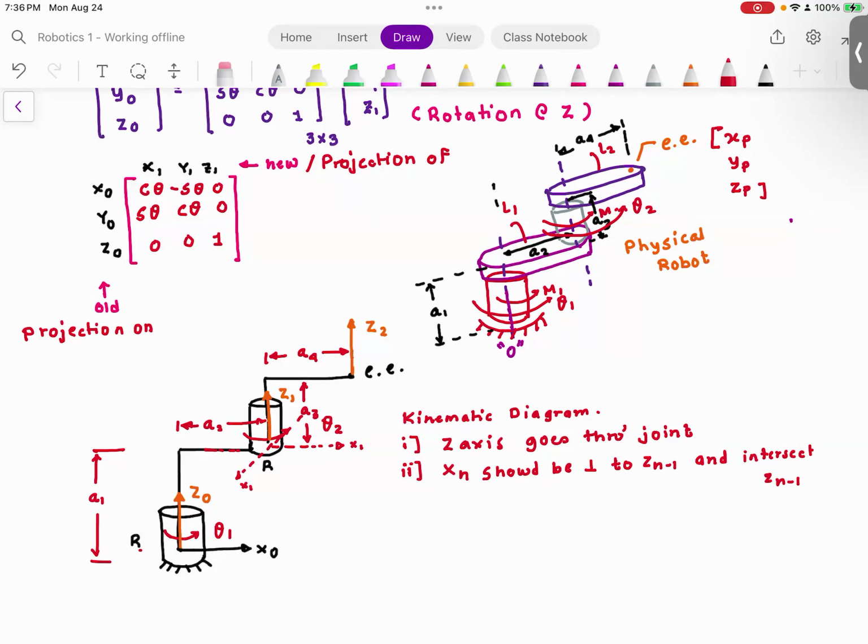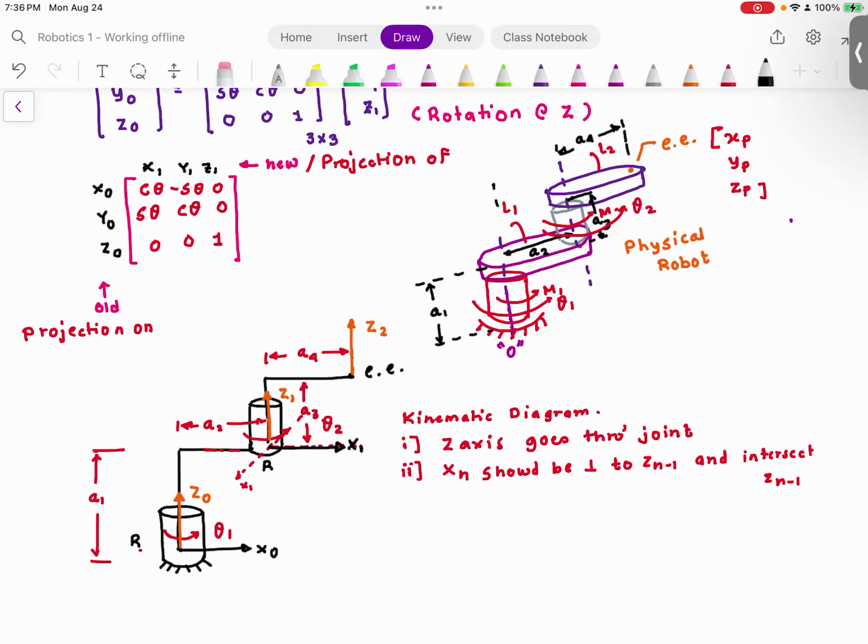Why is this X1? Because if I extend it, it intersects with Z0.